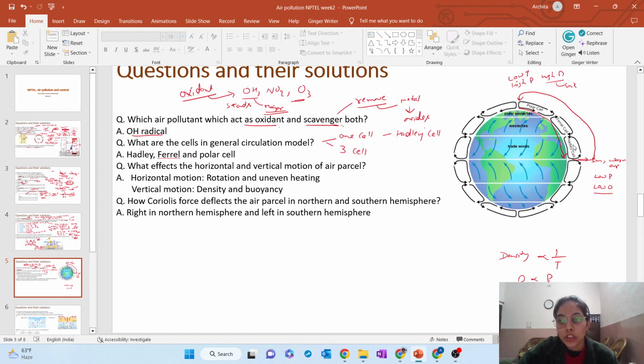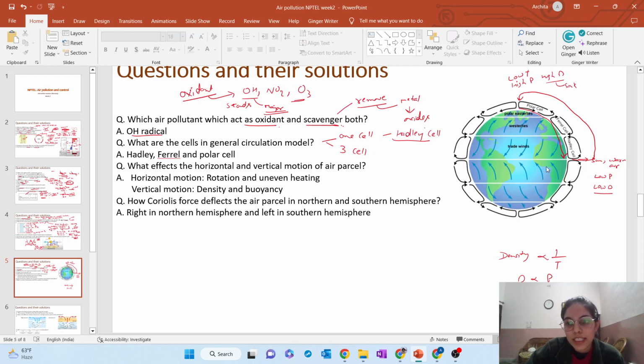The hot air will rise and the cold air will sink at the pole. So this is the one cell model of the Hadley cell. But later it was studied that it cannot be that simple, that the air circulation in the entire globe is based on this one cell. So this was further divided into the three cell model.